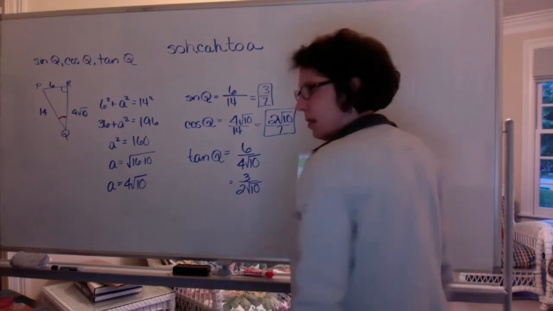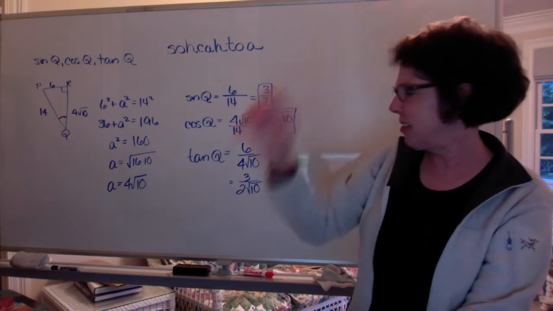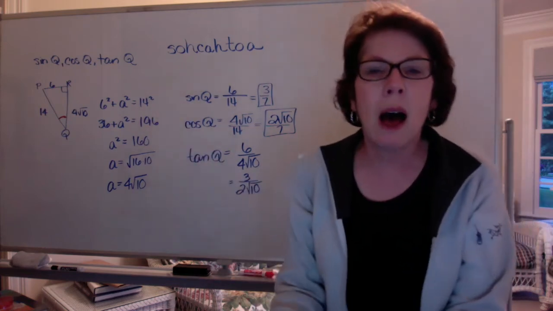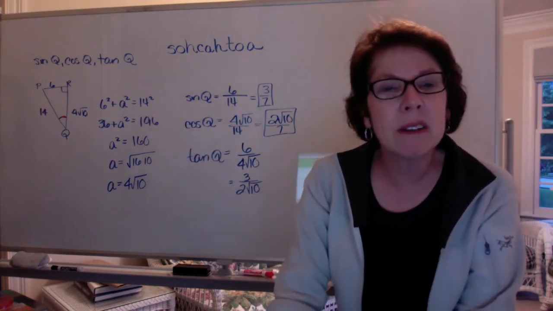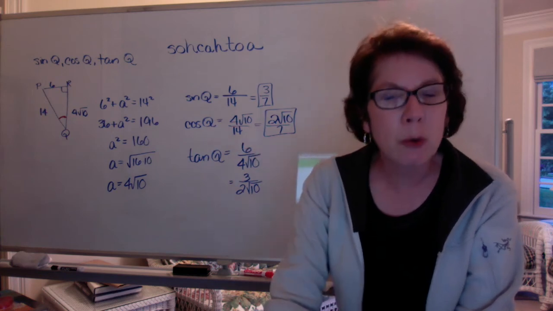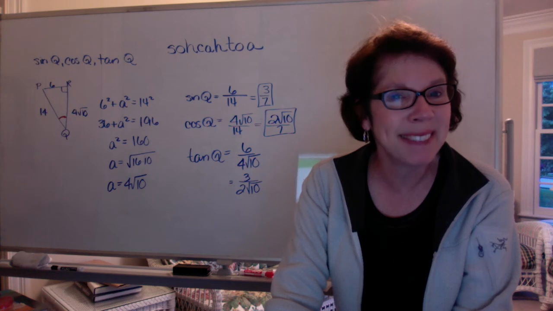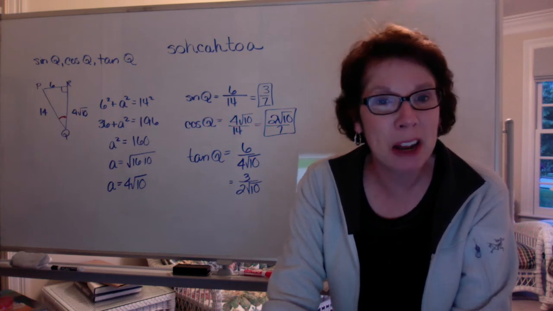Now, what did we learn in the chapter before this one? Can I have a radical in the denominator? No. So I've got to rationalize the denominator, make it a rational number. Remember how to do that? I'm going to multiply numerator and denominator by root 10.